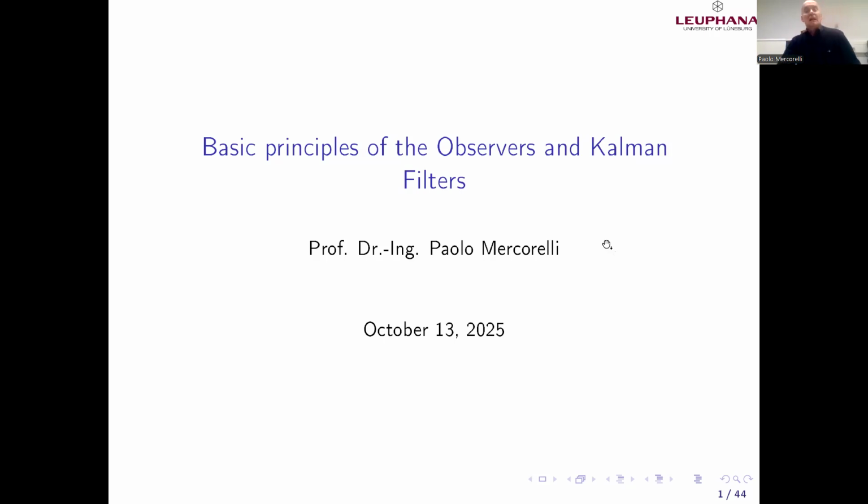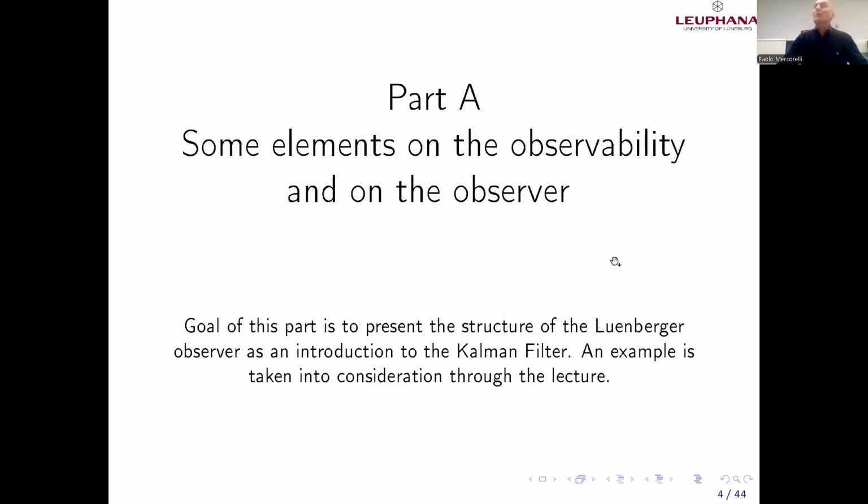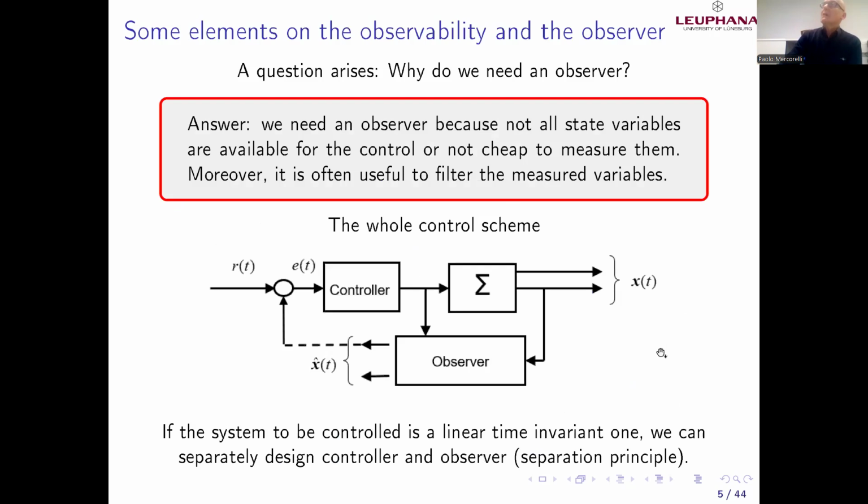Do you remember last time we saw the observer for a circuit in which we measured the voltage in input, and the voltage of the capacitor as a state of the system, and we estimated current, voltage of the capacitor, resistance, and capacitance.